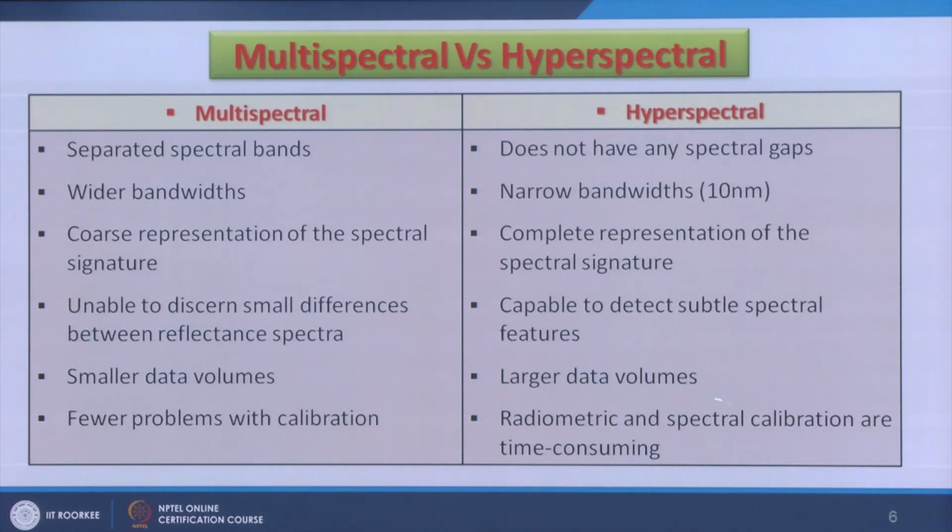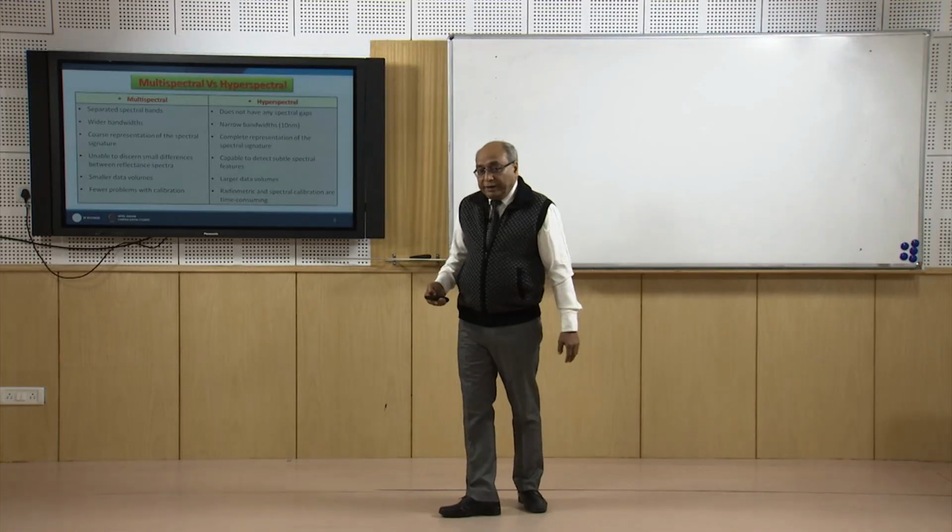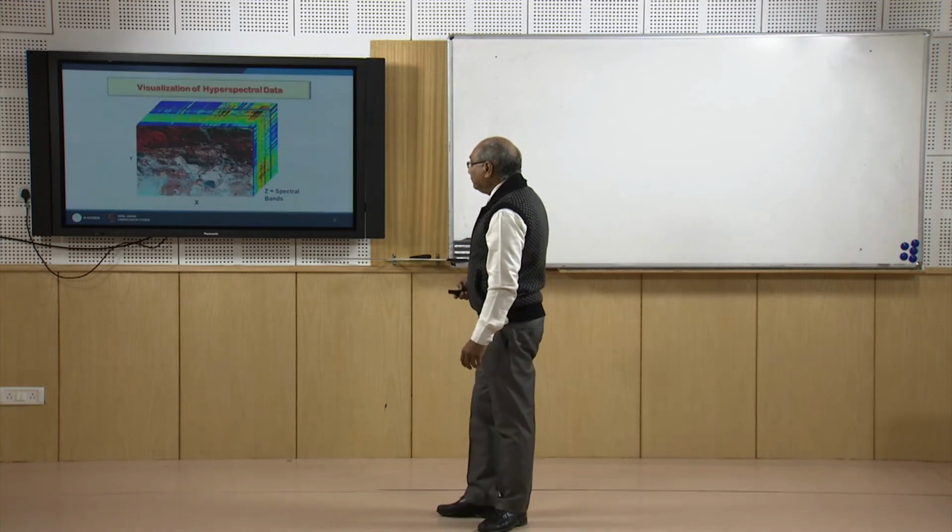In that way it's a minus point, but it is providing a completely continuous data set, and fewer problems with calibration. Calibration problems were very limited, but now, because we are having data of very narrow bandwidth of 10 nanometer, radiometric and spectral calibrations are very much required, and these are very time consuming processes.